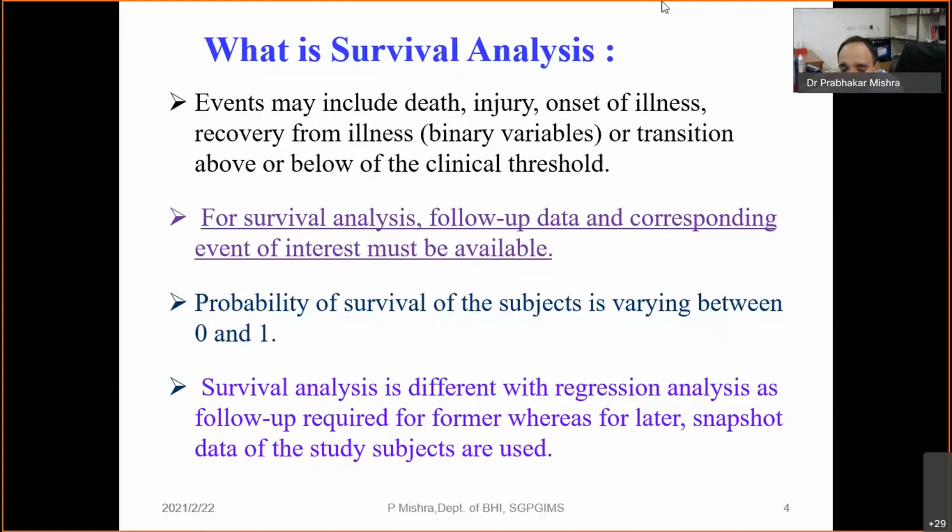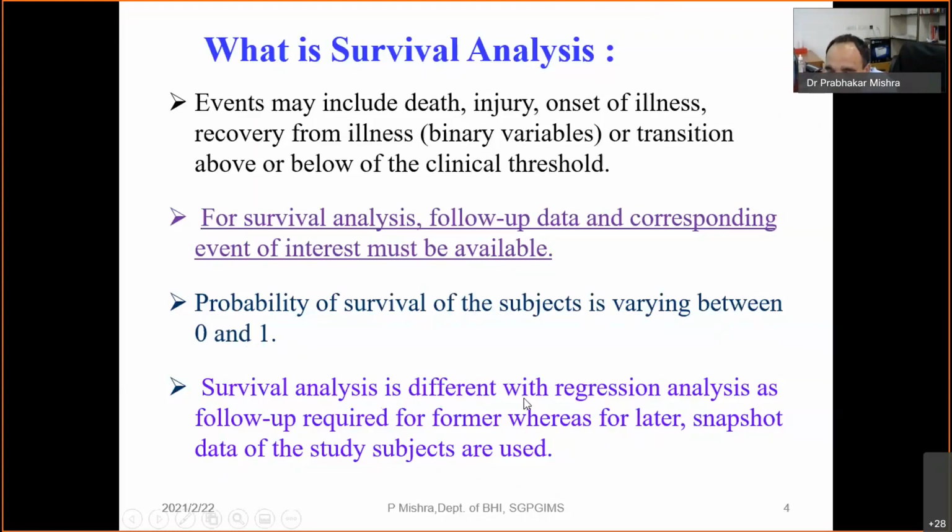This is a very rough way of speaking when we use it for probability. So 0 means no chances of event, and 1 means this is a certain event. Although in statistics, in probability, nothing is certain. These are only chances. So the probability of survival of the subject varies between 0 and 1.